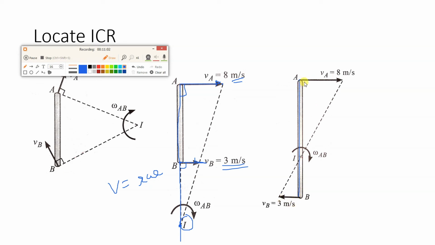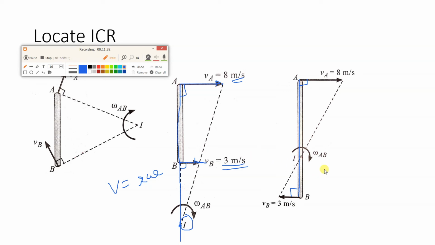Then for this velocity vector, this blue line is the perpendicular, and for the other velocity vector this is the perpendicular. The rod itself is perpendicular. Then we draw the line joining the tip of VA with the tip of VB. Wherever this line intersects the AB vertical line, there we will get ICR, I.